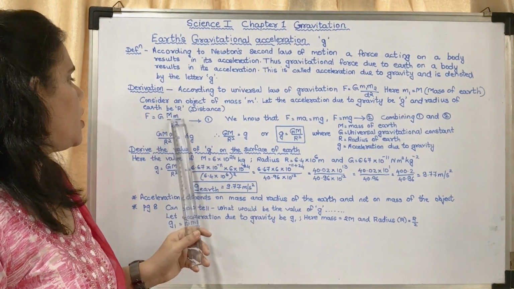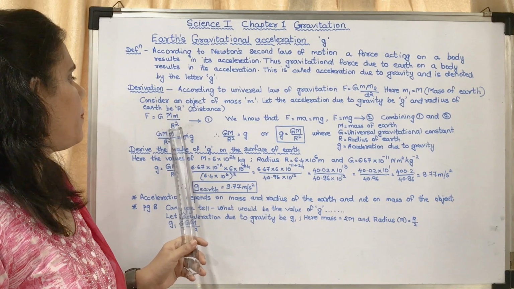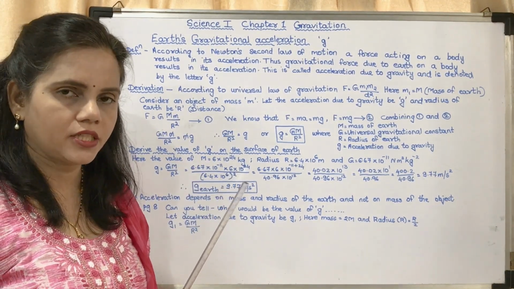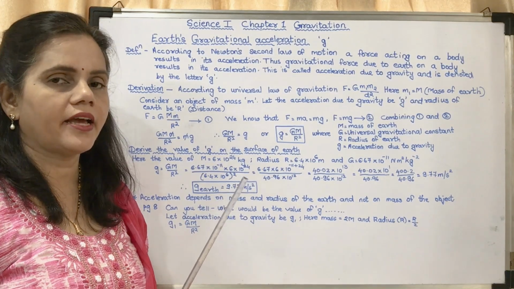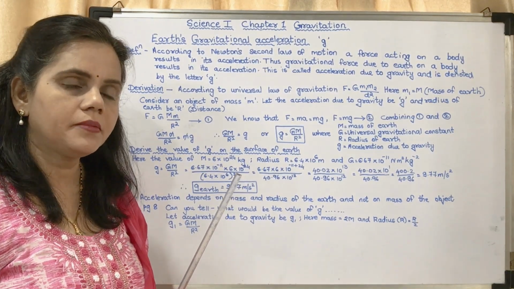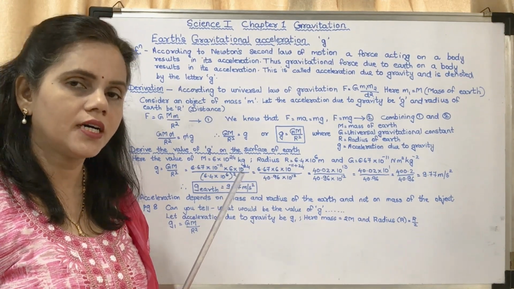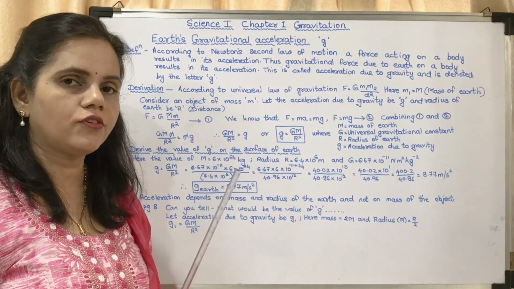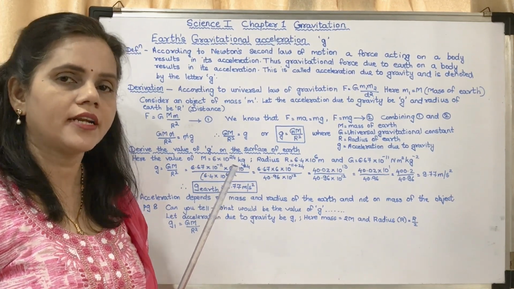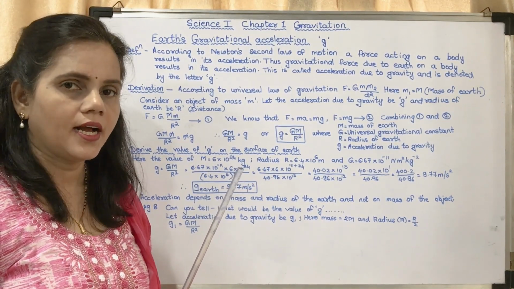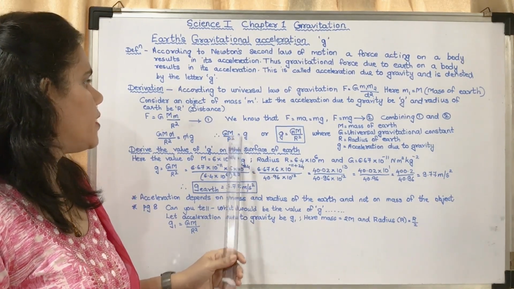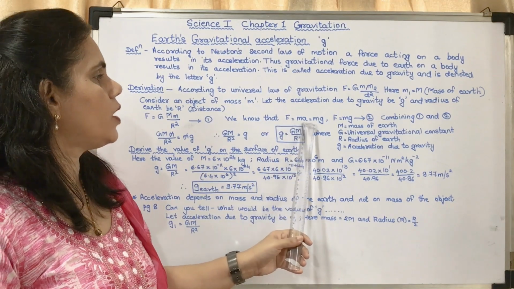So F is equal to G M m upon r square, where F stands for gravitational force, G stands for the universal gravitational constant, capital M stands for the mass of the earth, small m stands for the mass of the object, and r stands for the radius or the distance. Understood? Now, we know that F is equal to ma.